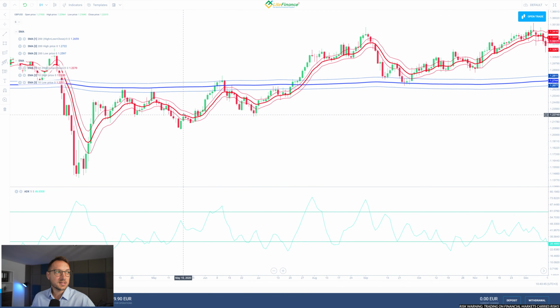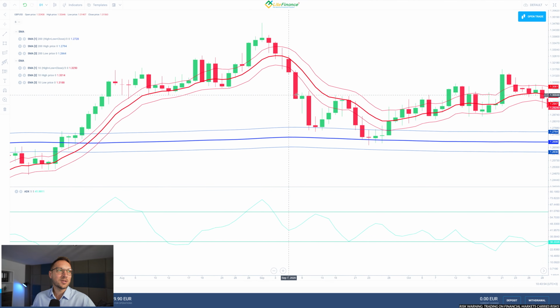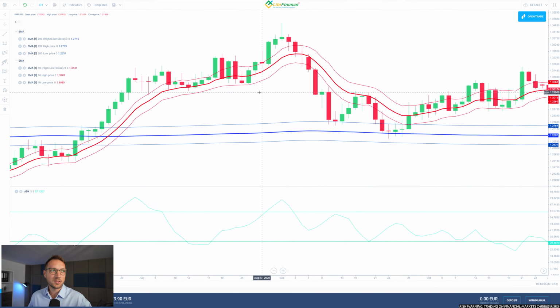And the second filter is the exponential moving average, a 10-period moving average, and also three exponential moving averages with a 10-period, and basically it is the same as the previous one. The first one is high plus low plus close divided by 3. This one is calculated by the highs, this one by the lows, and all three are 10-period exponential moving averages.